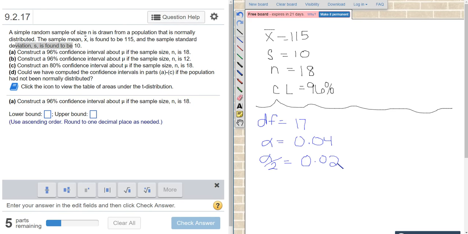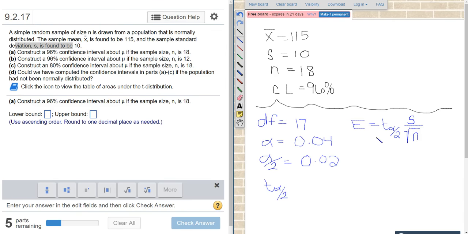0.04 divided by 2. I know I'll need a t sub alpha over 2 so that I can fill out these two equations, which would be E equals t sub alpha over 2 times S divided by the square root of n.